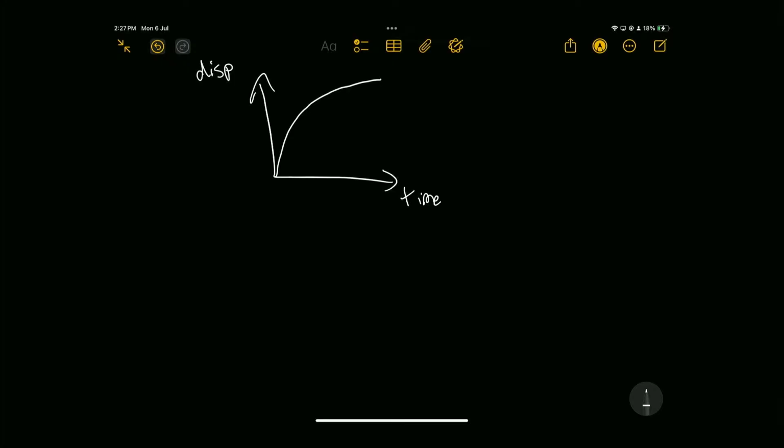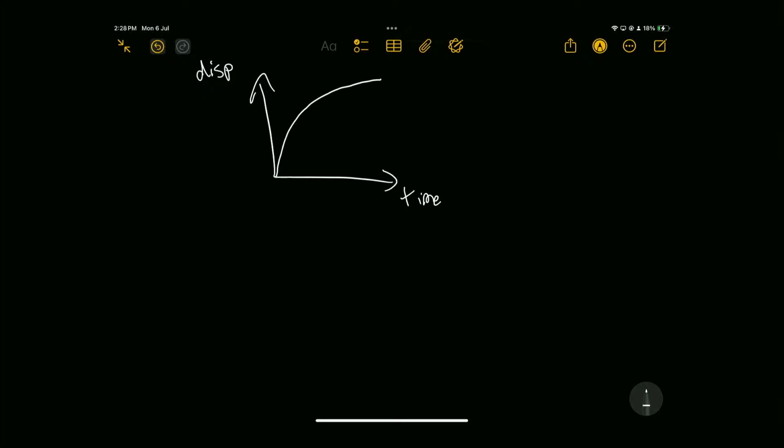So it has a steep rise. It starts to flatten out as it increases. So that indicates that it's no longer accelerating steeply. Basically it accelerates and becomes somewhat stationary.